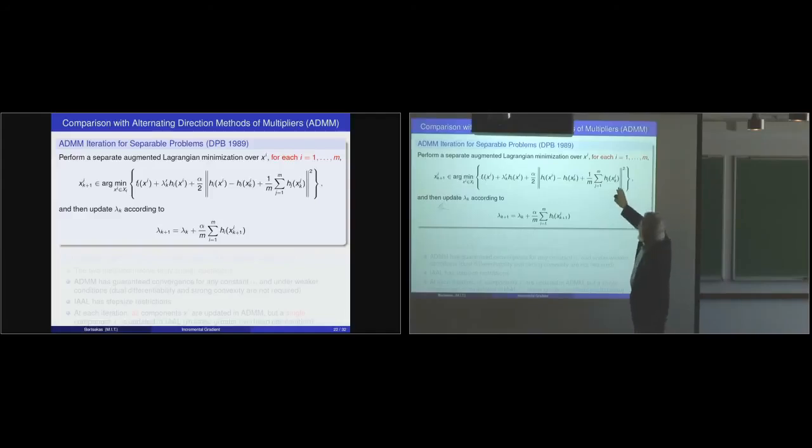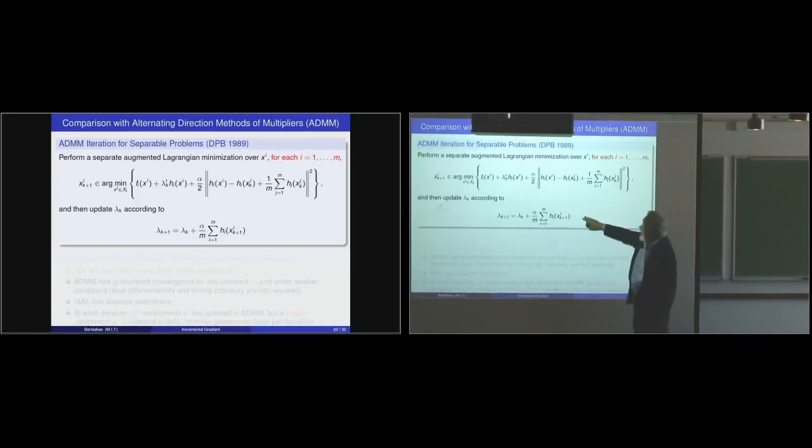At the current iteration, we have a vector xk, and we look at each component and do this minimization that involves only that component. Okay? Only xi is involved here. All these other components come in, but they don't enter this minimization. They come from xk. And then we update lambda k according to this.